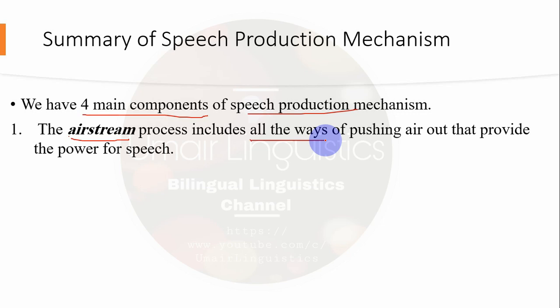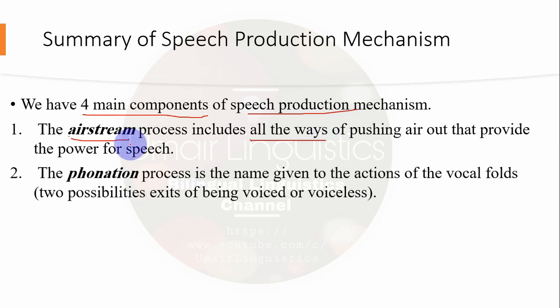Because air is not coming in the same way as in s; air is coming in a different way in p, in n, and in another way in z. So due to these reasons we say all the ways of pushing air out that provide the power, and we'll look at these different types of airstream processes in incoming lectures.